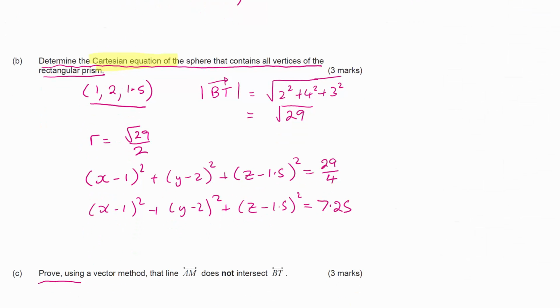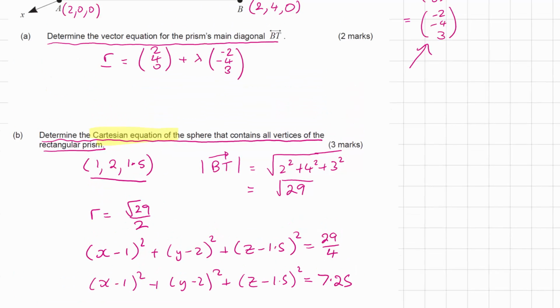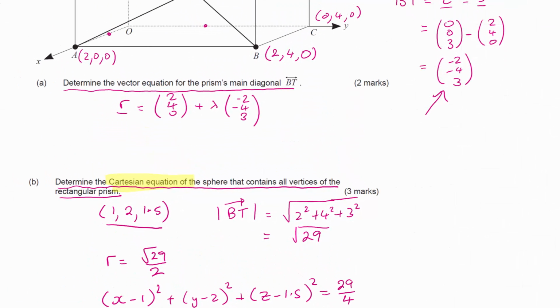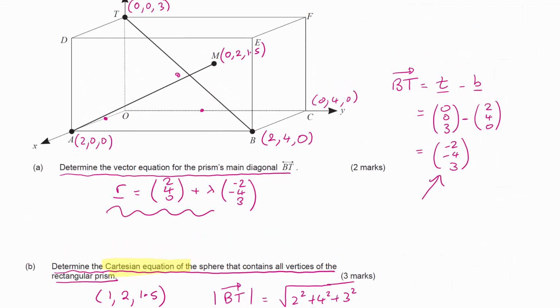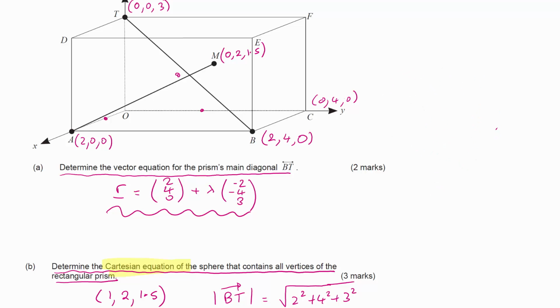Finally, we want to prove using a vector method that line AM does not intersect BT. Now remember, BT has this vector equation. So let's do a vector equation for AM.